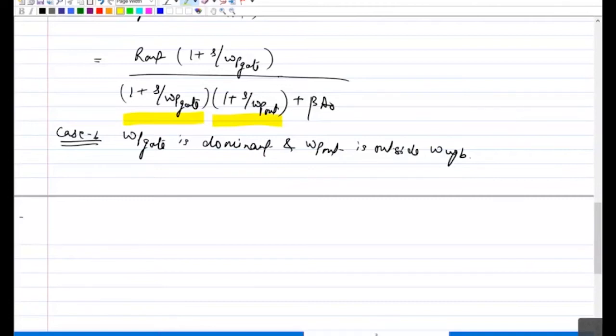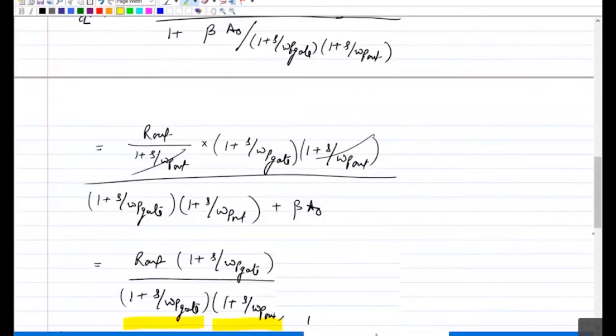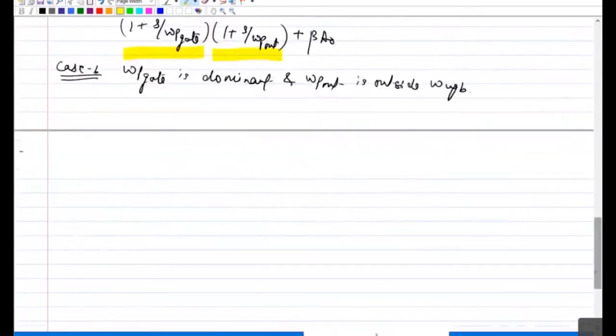Omega P gate. Yeah. So omega P gate is dominant. So can I ignore the second term? Can I say that that will be non-dominant and we are only interested inside omega UGB? So the second pole will have no impact within UGB, correct? So that approximation we can make.